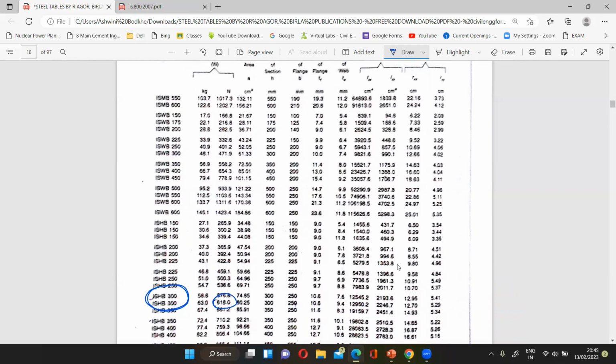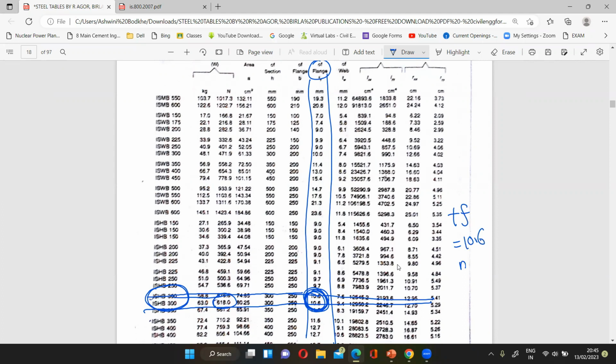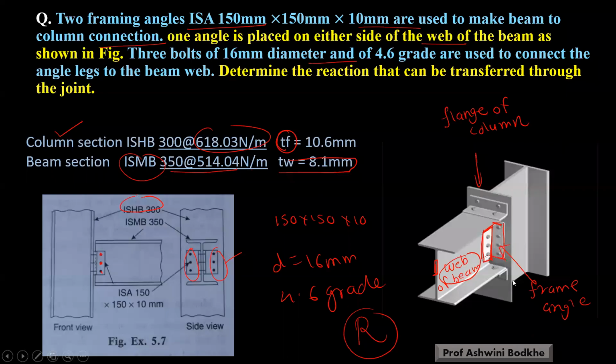So for ISHB 300, Indian Standard Heavyweight Beam, having weight 618 Newton per meter, in this row, the thickness of flange is 10.6 mm. So thickness of flange is 10.6 for the column and thickness of web is 8.1 for the beam.